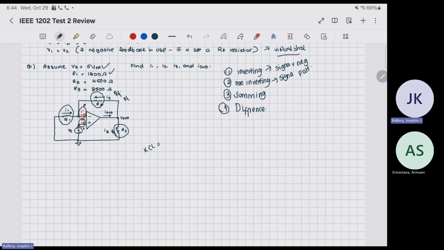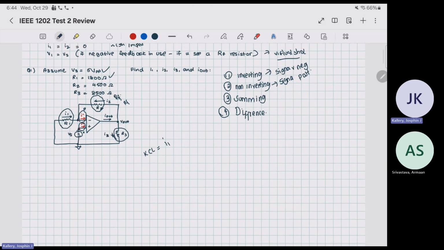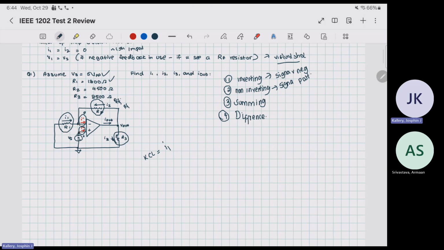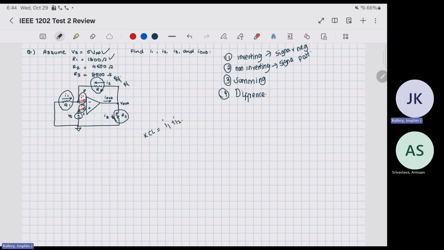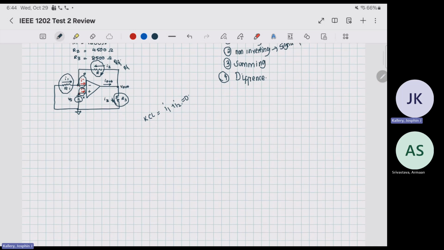So here we see that in this node, there is a current coming in, and this current coming into this node is I1. And then the current coming in also at this node is I2, which equals 0.